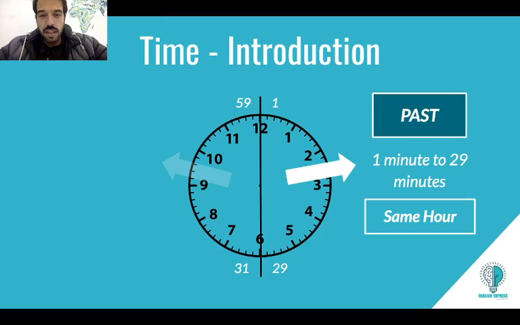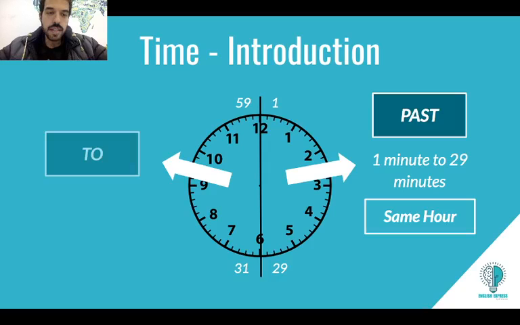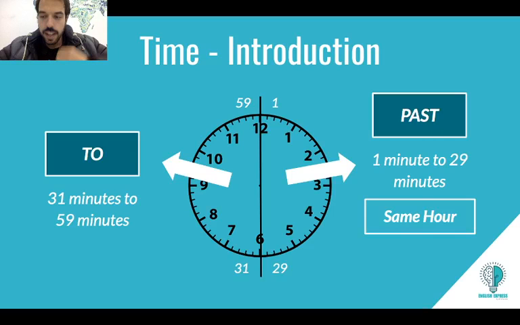Then we have the numbers 31 to 59. In this case, we're going to use the word to. But there is a very important difference now.